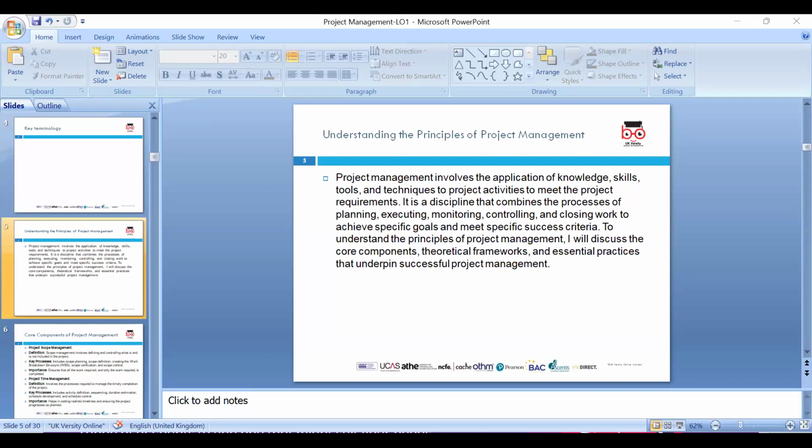So always we need to define and control what is and what is not included in the project. You have to look at all these principles: the cost, fixed cost, variable cost. You need to make sure you check the quality of the project. You look at the different process groups: planning, monitoring, and controlling.